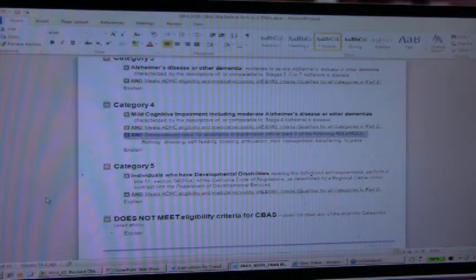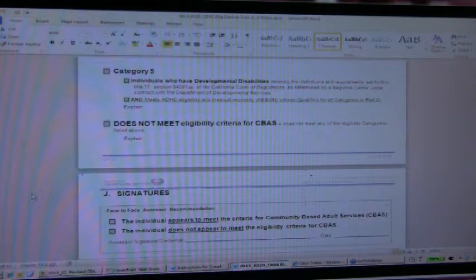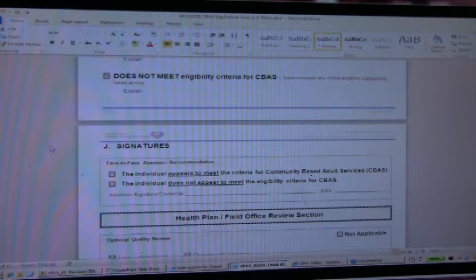And at the bottom is the does not meet the eligibility criteria for CBAS. There will be some people that do not meet the eligibility criteria, but maybe you'll be able to identify a community service or resource that would be more appropriate to help prevent the person from deteriorating further, or maybe they just need some kind of social contact or some kind of link to a resource in the community.